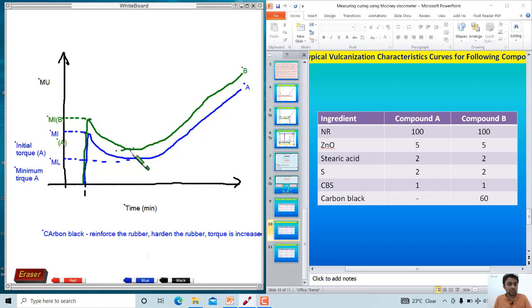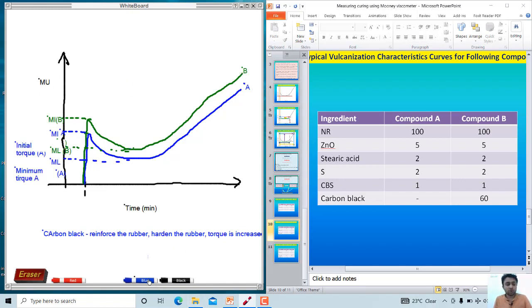So its ML is also somewhat a high value now. ML of compound A here, and here ML of compound B, right? Okay, those are like that.